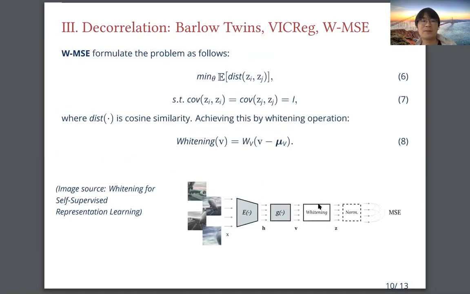And the third method in the decorrelation branch is W-MSE. They formulate the problem as follows.